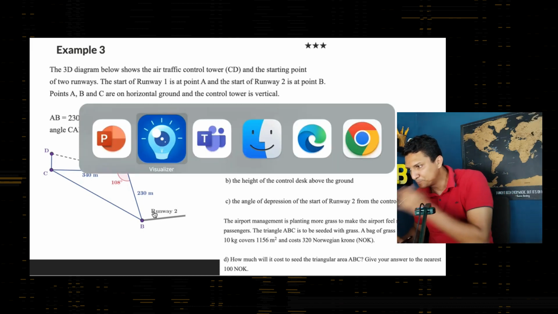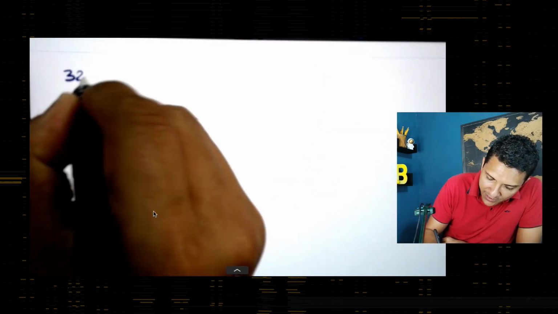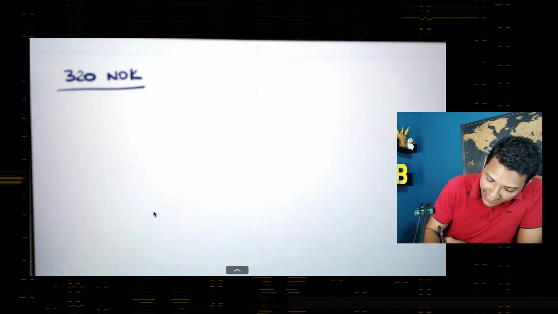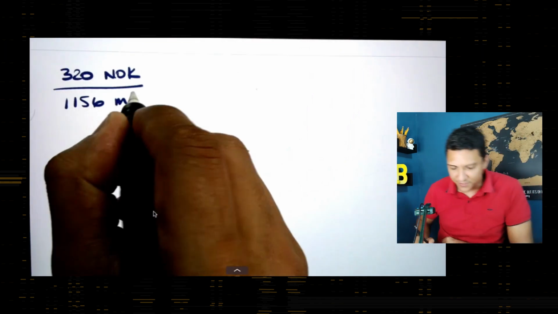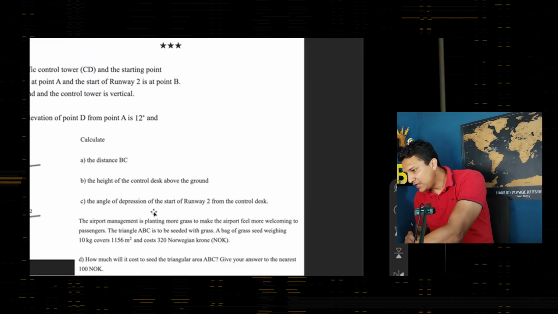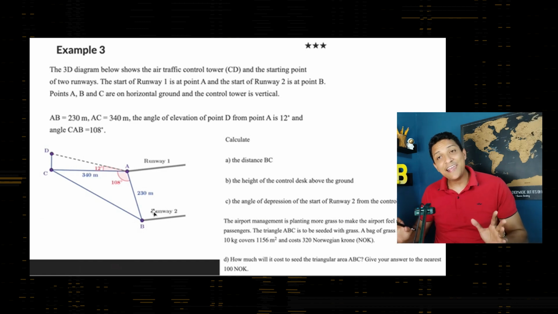So as I said, the information that is given is that with 320 NOKs, I'm able to plant 1,156 square meters. Based on that, what they want to know is how much it will cost. But first, we need to find the area.